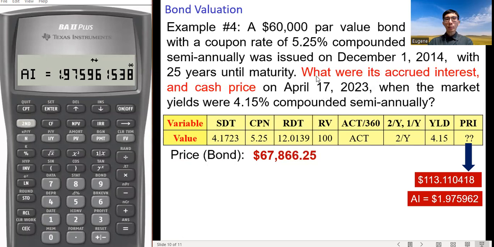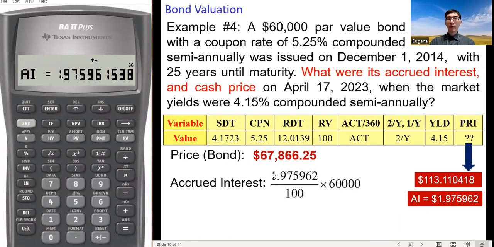Okay, so to get the cash price or the purchase price of the bond, we need to compute the accrued interest, which corresponds to the value of AI. So do the conversion as for PRI. So the accrued interest for the bond is the value of AI 1.97 divided by 100 and then multiply by the face value 60,000.